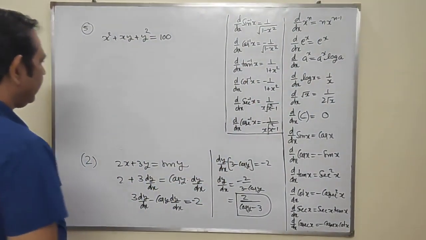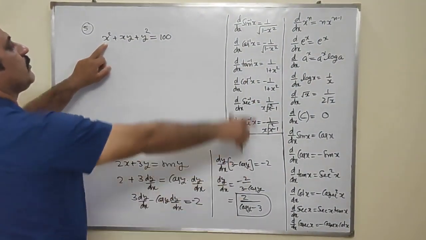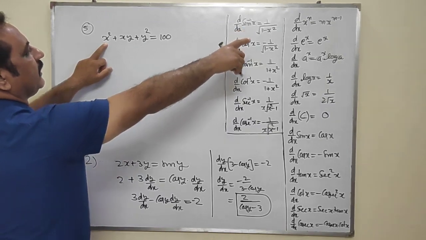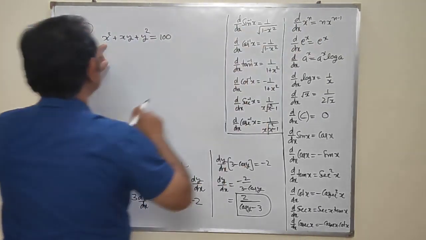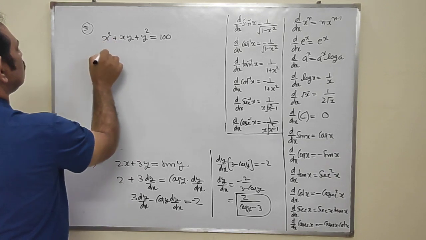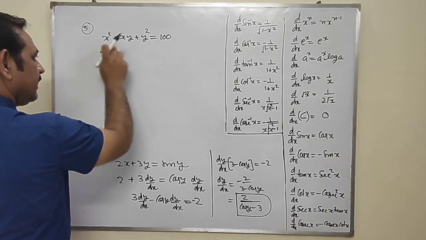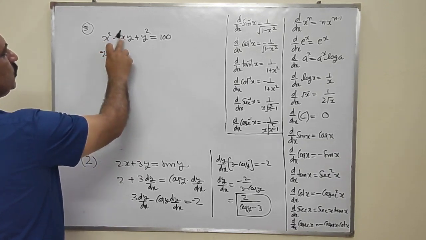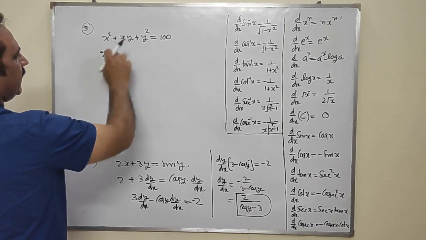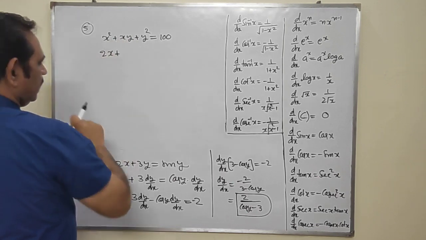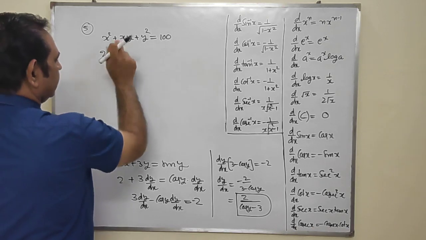Now again, differentiation of x square by first formula: differentiation of x square is 2x. Here you will apply product rule because you are having x and y together and they are in multiplication form. So you will apply product rule here.